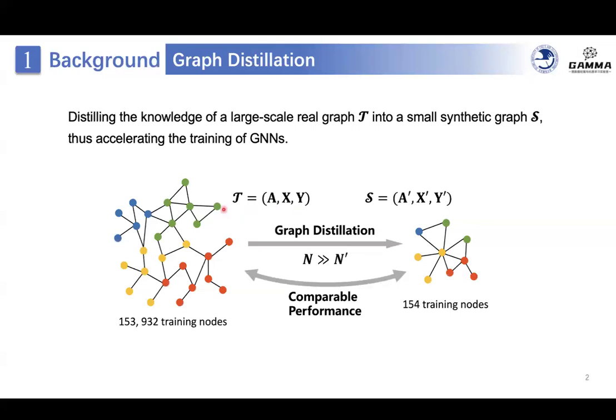The input of graph distillation consists of the adjacency matrix, node features, and the labels, and the output is A prime, X prime, and Y prime, where Y prime is usually predefined according to the class distribution of Y. Once we get the informative synthetic graph, we can use it to train the GNN instead of this large-scale raw graph, thereby accelerating the training process and reducing the time and space overhead.